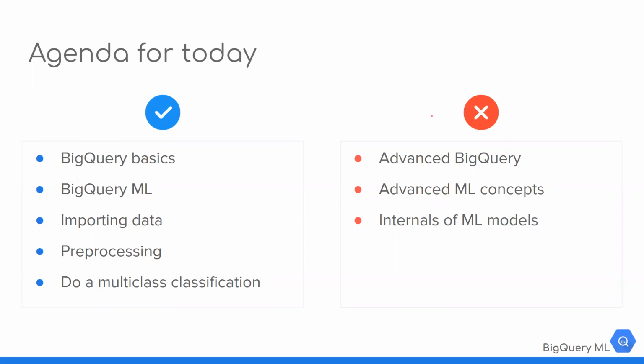If you participated in last week's session, you might have got an idea of how neural networks and machine learning work. So we won't be covering those today. We'll be focusing on BigQuery and some basics in machine learning. Right, with that said, we'll go to the BigQuery UI and see what it has to offer.